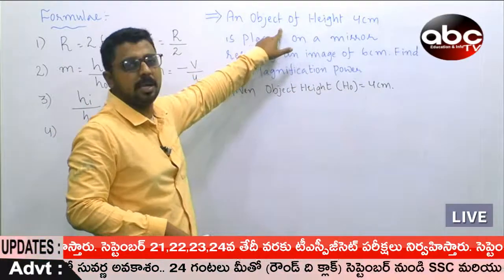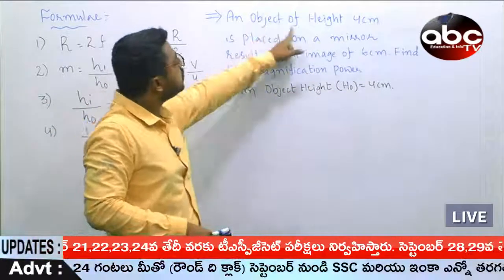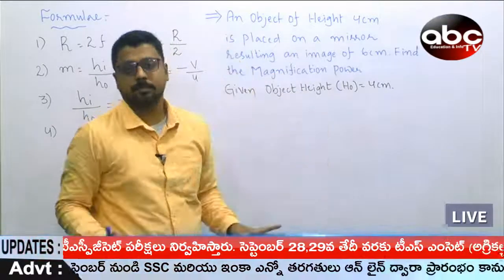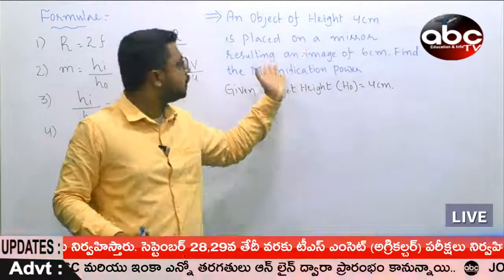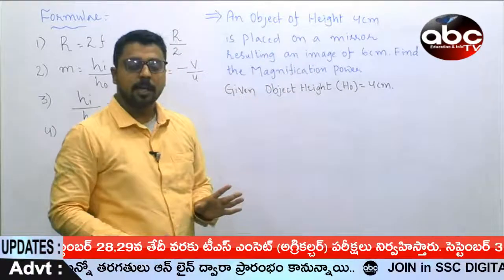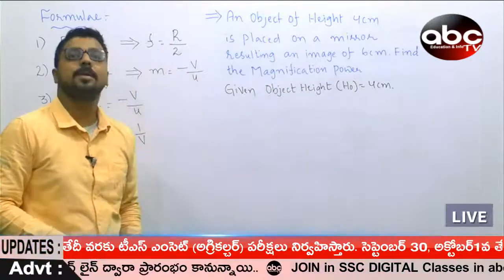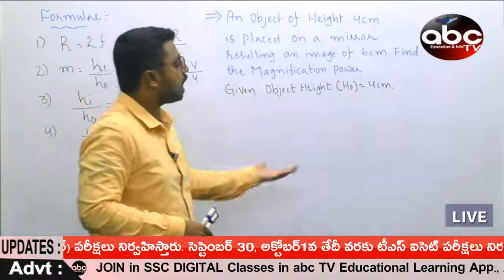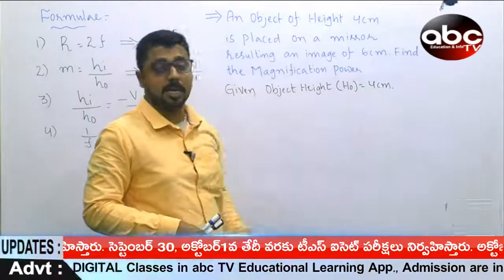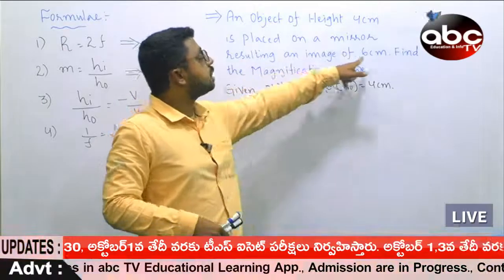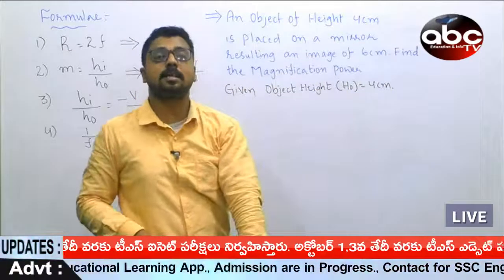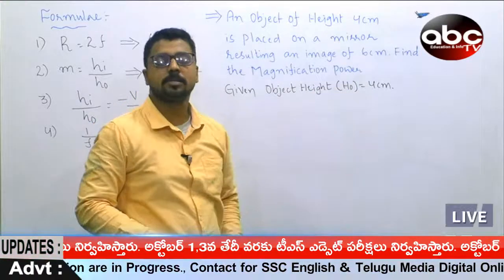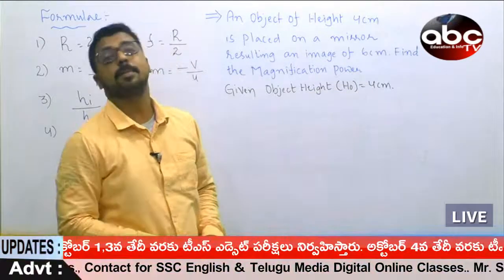It is not given anywhere that an object of height 4 centimeters is placed on a mirror to result in an image of 6 centimeters above the principal axis or below the principal axis. So naturally we take positive. In case an image of 6 centimeters below the principal axis is given, then certainly you take -6 centimeters. Minus indicates below the principal axis.